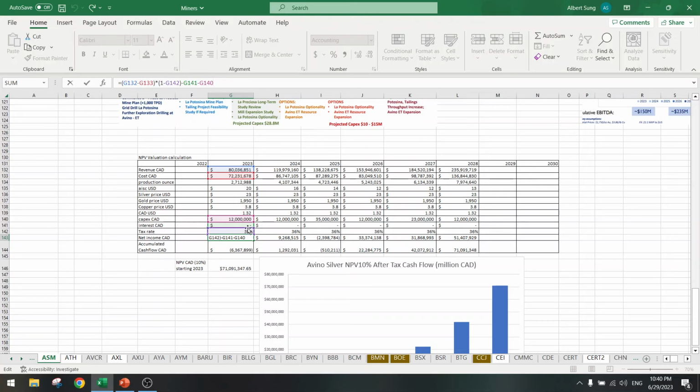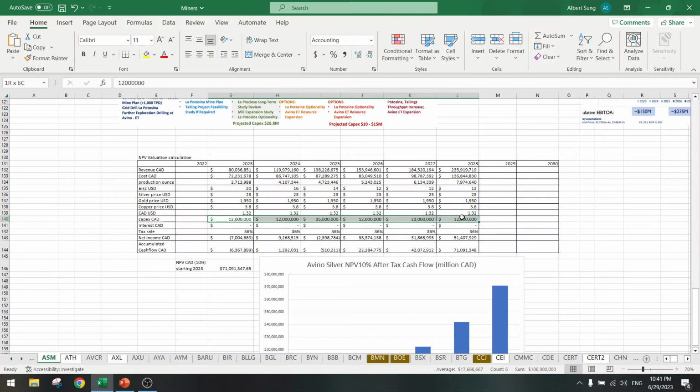So there is taxes in Mexico, and then minus the interest. There's no interest at Avino Silver because they are debt-free. And then minus the capex, which is 12 million.